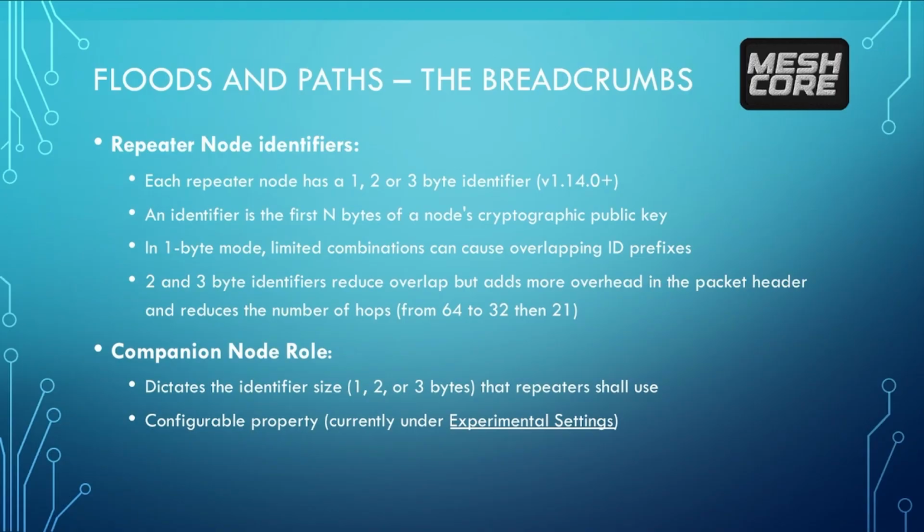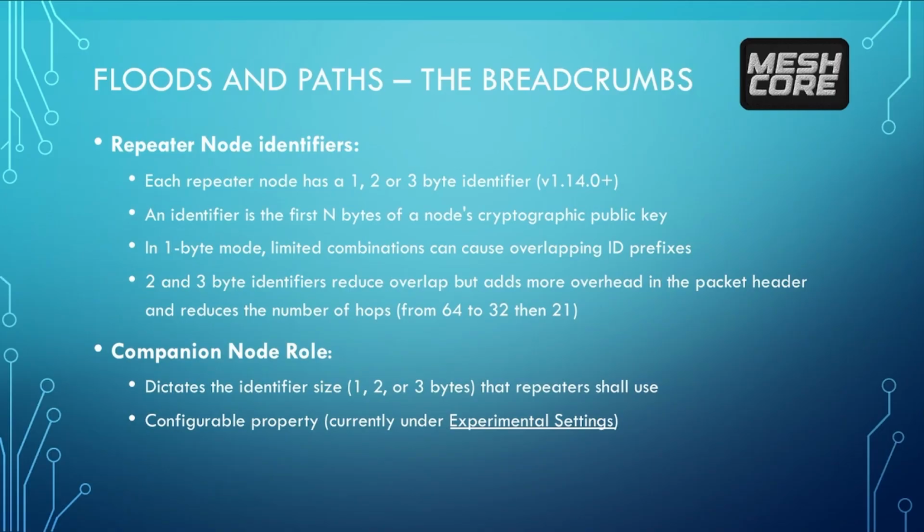And with your companion device, when you send a message, I know this is a lot of information, so I hope I get a lot of yawns. It's a lot of information. When you send a message, one of the things that you do in your configuration is you tell the network how many bytes to use as it goes down the path of all these repeaters.